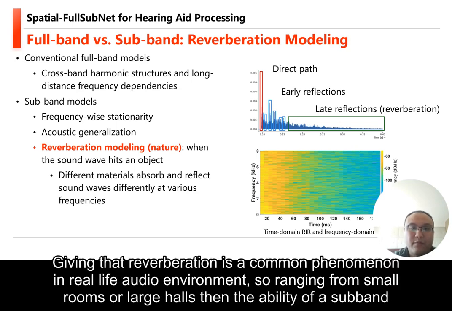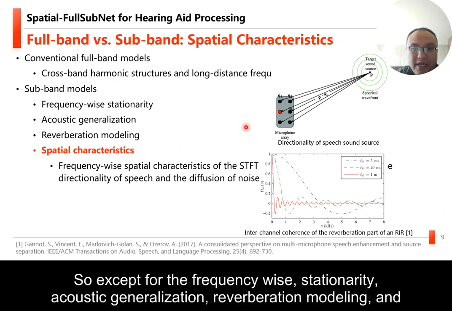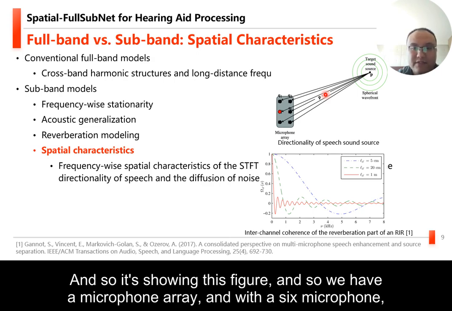Given that reverberation is a common phenomenon in real-life audio environments, ranging from small rooms to large halls, the ability of a subband model to model reverberation effectively is a significant advantage. Besides frequency-wise stationarity, acoustic generalization, and reverberation modeling, the subband model has another characteristic: the spatial characteristic.